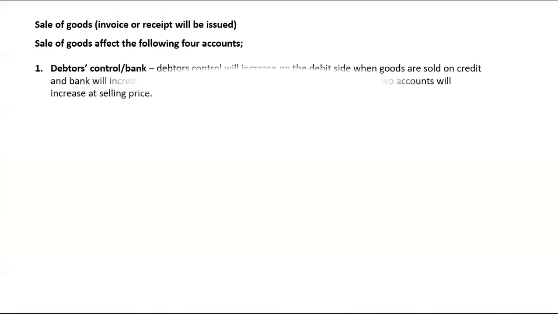The first account, if it was sold on credit, it will affect debtors control. Debtors control is an asset account. Please check out definitions for grade 9s where I explain what an asset is. An asset is a resource that you use to generate money.